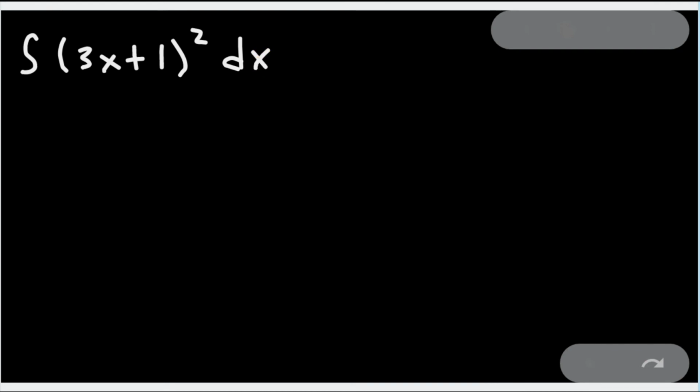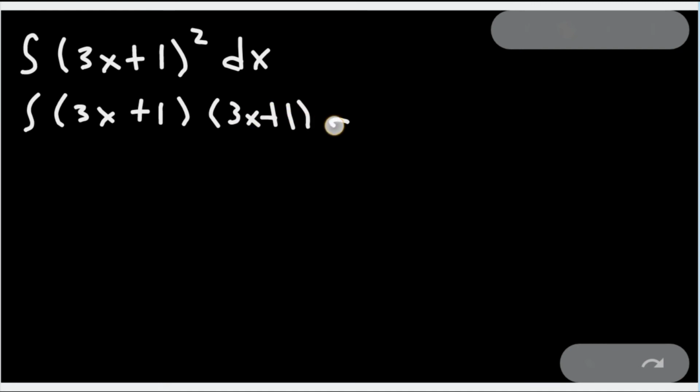The first thing that we need to do is to expand this binomial so that we have the integral of (3x plus 1) times (3x plus 1) dx.